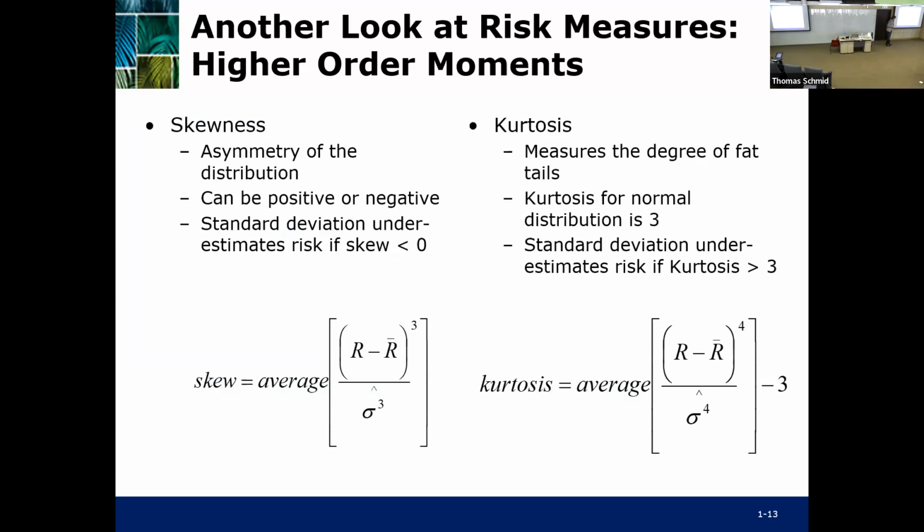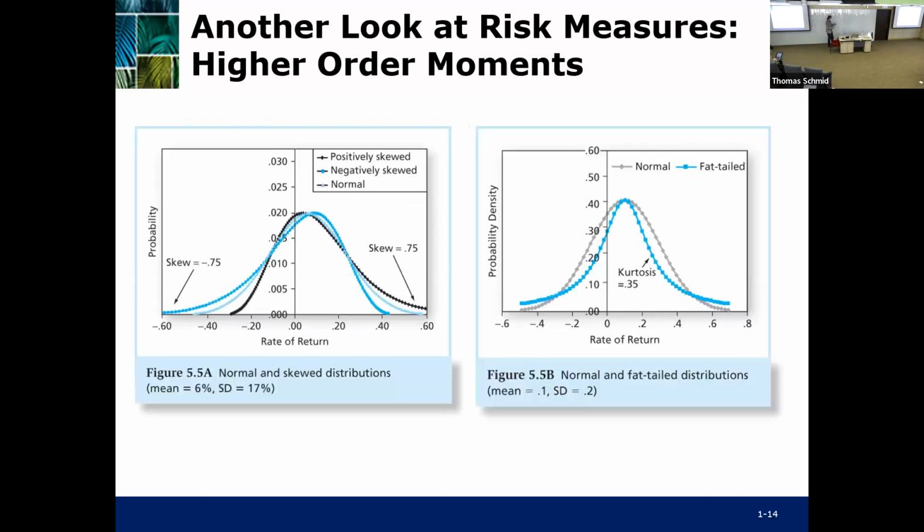The other moment that we would need to consider if returns are not normally distributed is kurtosis. And kurtosis measures the degree of fat tails, or how many observations we have at the extreme ends of the distribution. Okay? So in gray here, what you see is a normal distribution, and in blue we have a fat-tailed distribution.